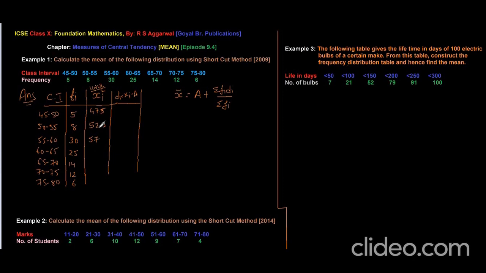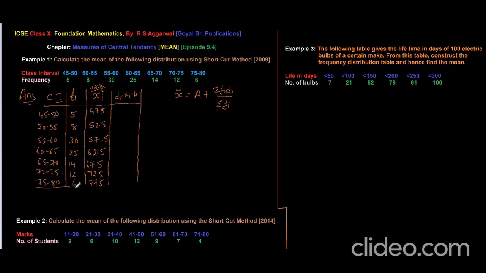The distance is 5, that is class length is 5, so keep on adding 5 in each of the class marks. So 57.5, 62.5, 67.5, then 72.5 and 77.5.